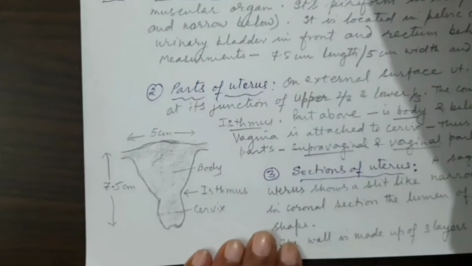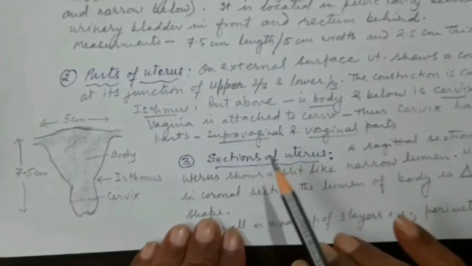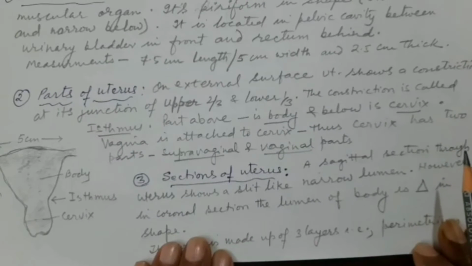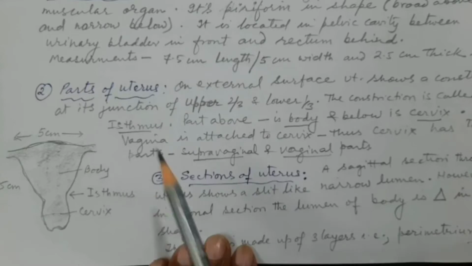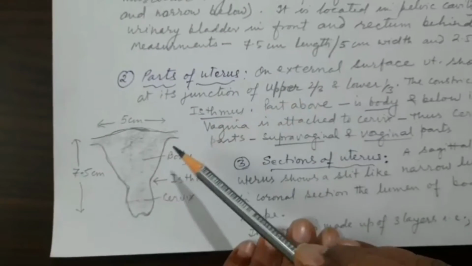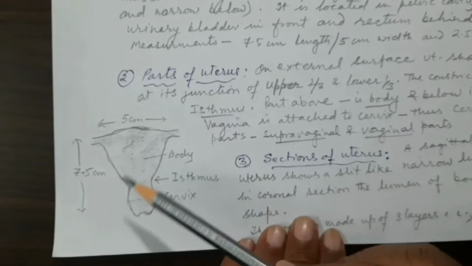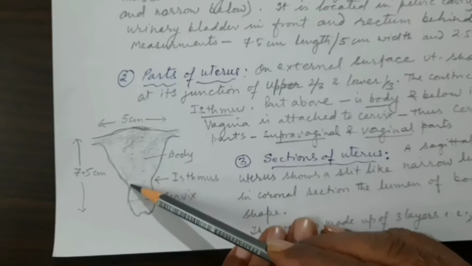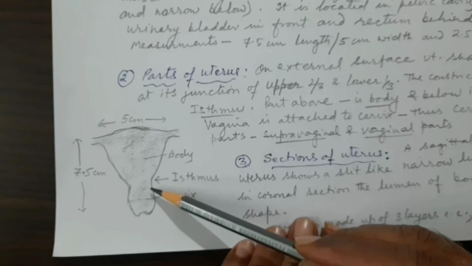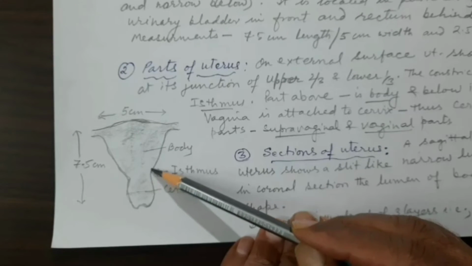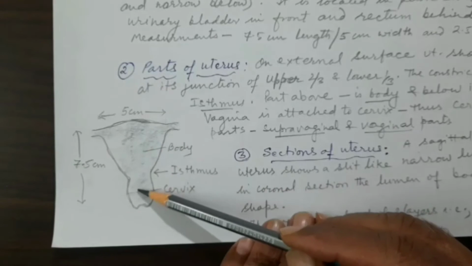Let us come to the parts of the uterus. We will just see the broad parts right now, and then we will go to the detailed parts after learning the cavity which is present within the uterus. If you examine the uterus from the external surface, it shows a constriction here, on this pear-shaped structure, at the junction of the upper 2/3 and the lower 1/3.